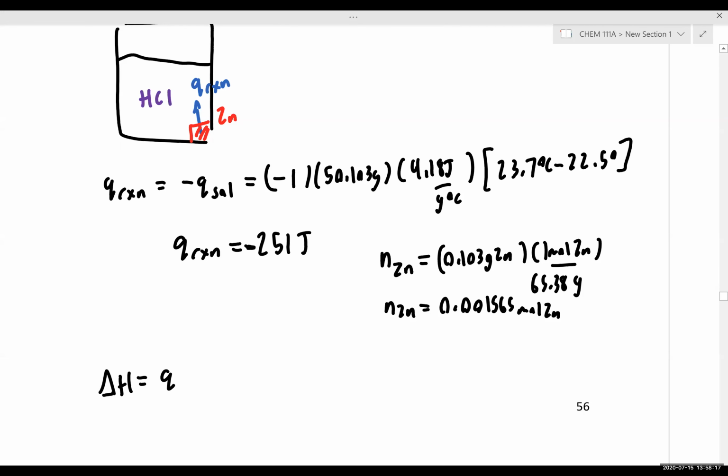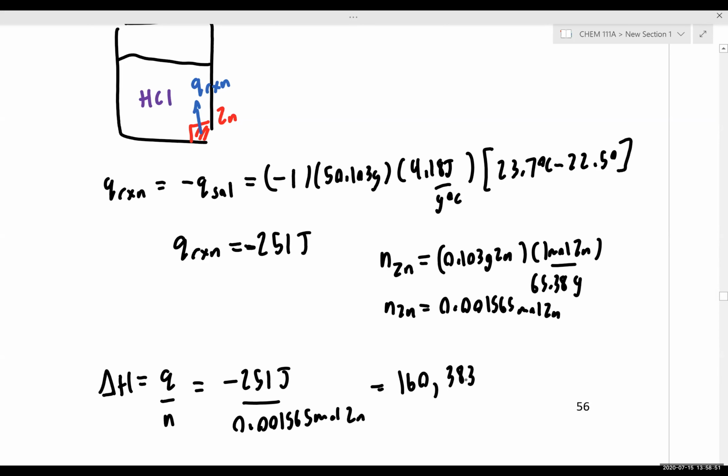So the enthalpy is equal to Q over n. We have negative 251 joules over 0.001565 moles of zinc, which gives us 160,383.